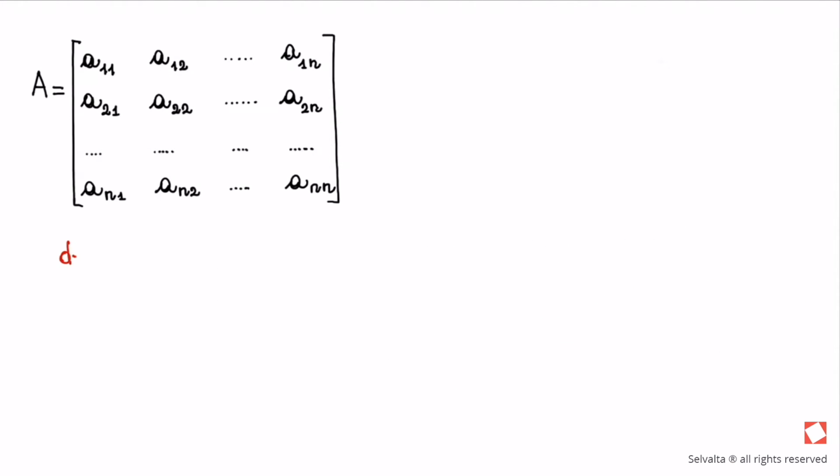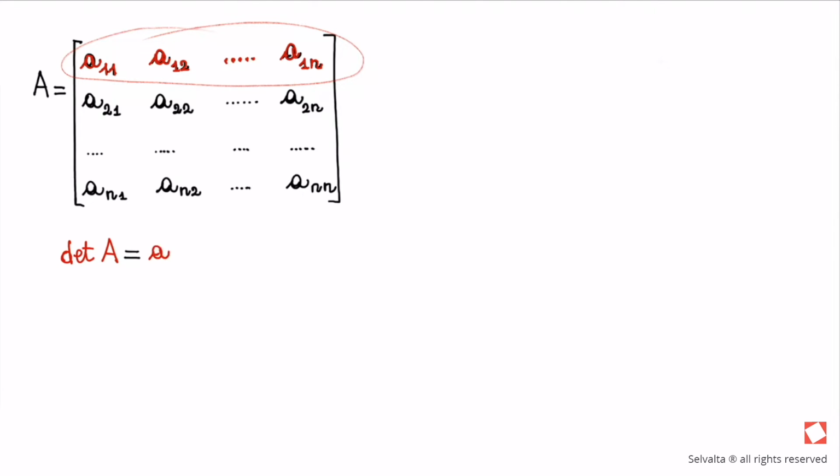Now, I'm already able to introduce the recursive formula for the calculation of the determinant. We select the first row of the matrix A and add the products of the elements of that row times the respective cofactors. This is the determinant.